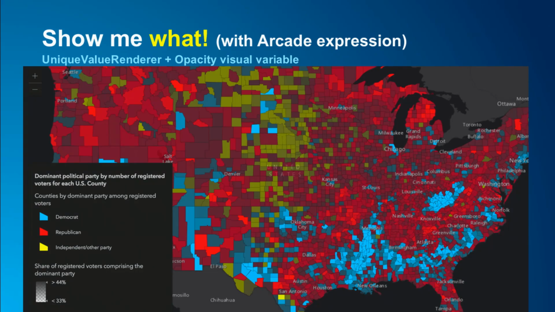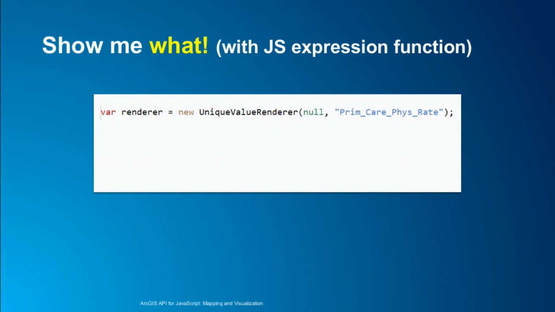If it's very transparent, then it's almost a toss-up. They're almost equal with another field, or maybe both of them. If you look at Wyoming, in central Wyoming, you can hardly tell that it's dominated by Republicans because of how transparent it is. We used an ArcGIS expression to generate that as well. But like Kristian said, we'll talk about opacity later.